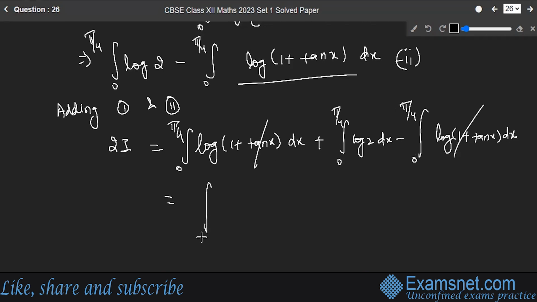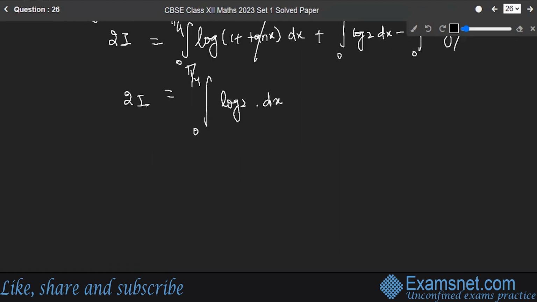These will cancel, and you have integral log 2 into dx, that is equal to 2I.